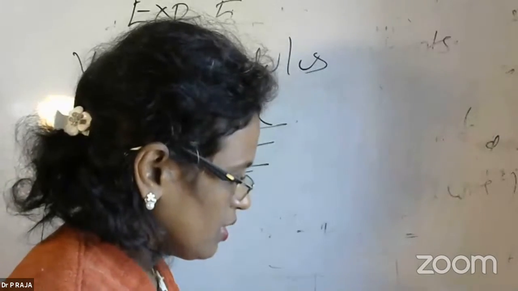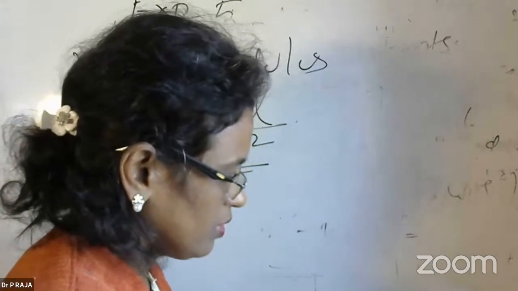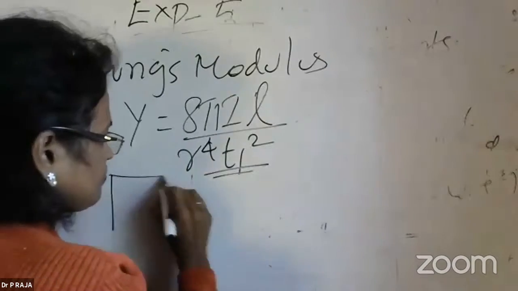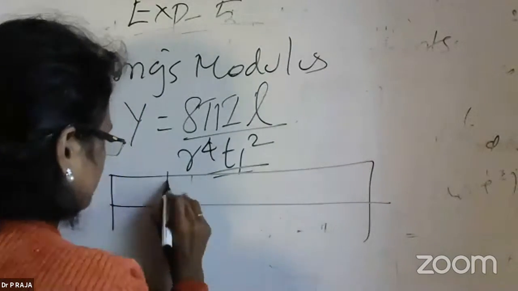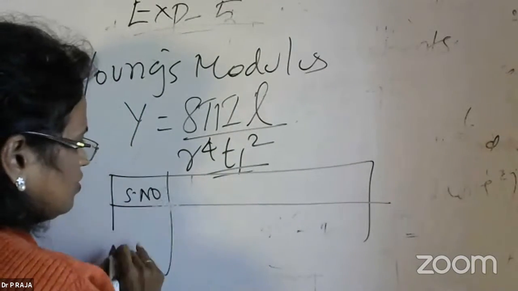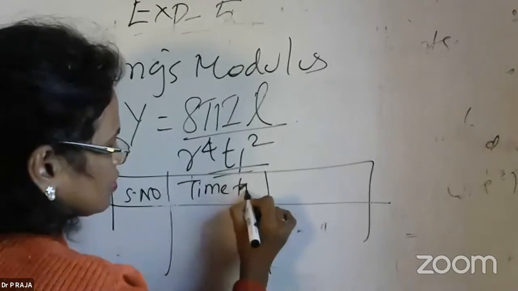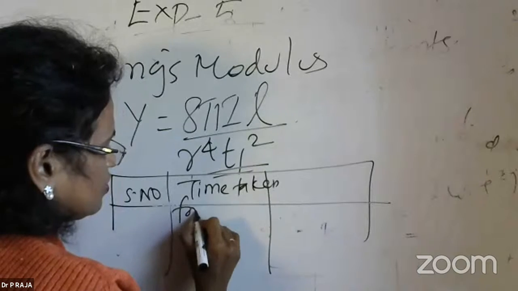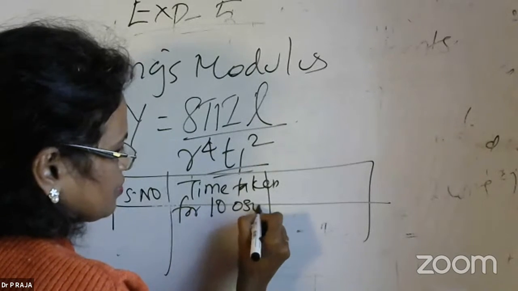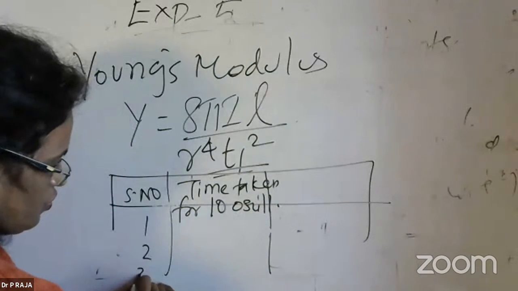Let me draw the tabular column. It's a simple one. Time taken for 10 oscillations, 1, 2, 3, 4, 5.